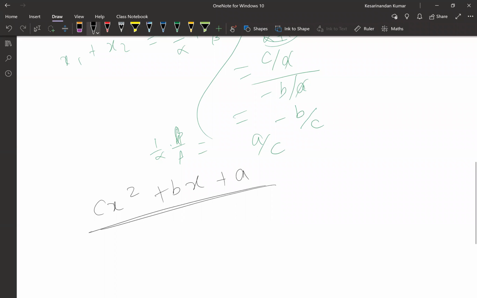I've received 3 responses. Anybody who has any doubt, please ask me right now itself, because we'll be dealing with the changing of these roots quite a lot. The major chunk of quadratic equation questions will be based on roots. So this is a very important technique. If you don't understand it now, you will face some issues going forward. If it's not clear, please ask me right now itself. Okay, then I assume it's clear.